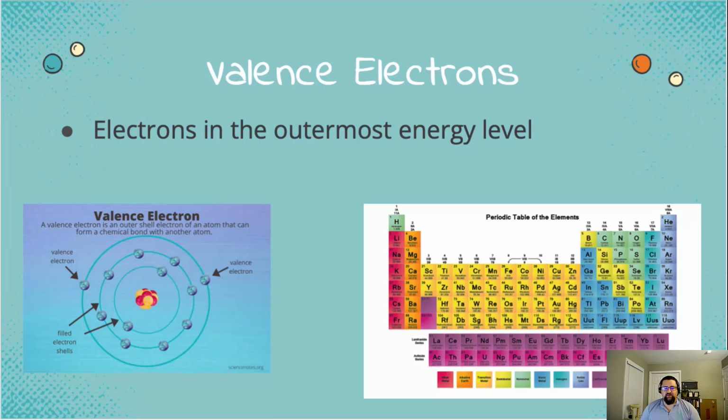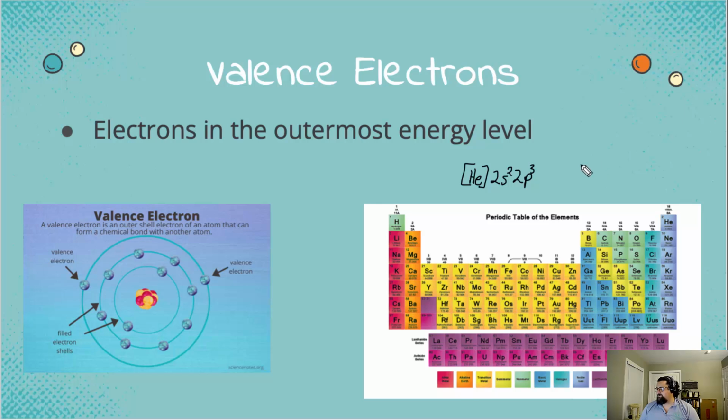If it's 2 in the s and 3 in the p, that's a total of 5. If we were to do our noble gas configuration, we'd do helium, and then we'd say it has 2s2, 2p3. 2 plus 3 is 5. 5 valence electrons.